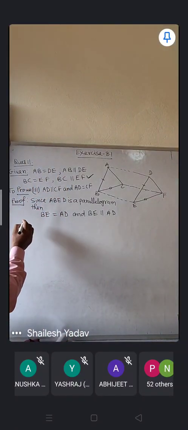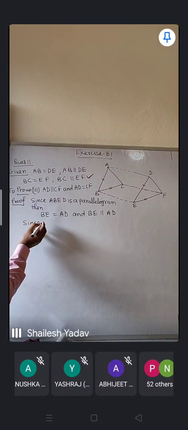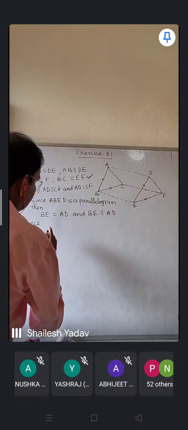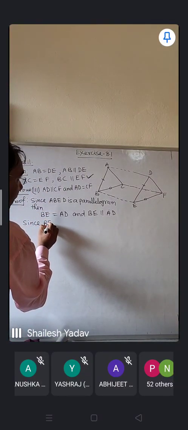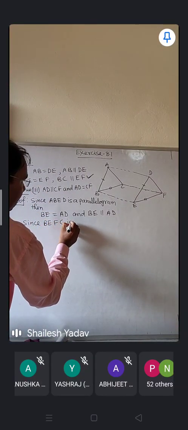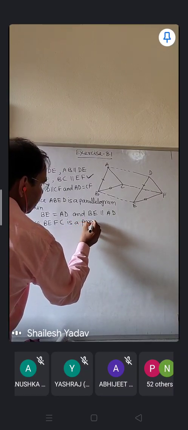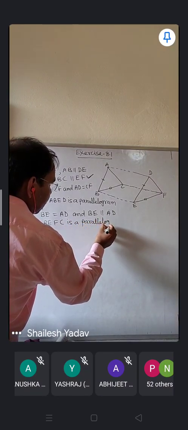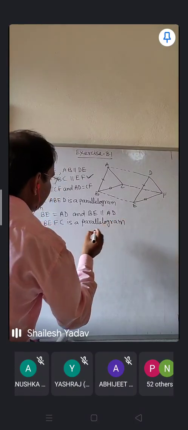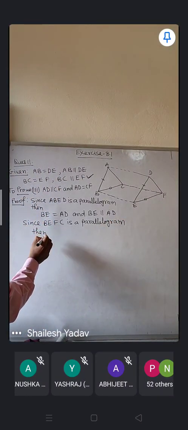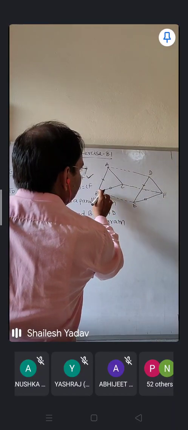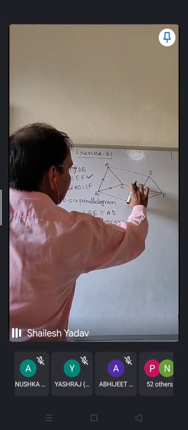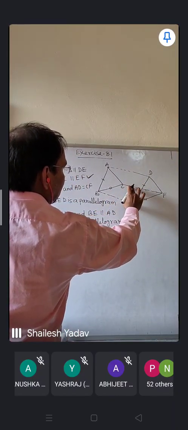Again, in the second part, you had given the proof that BEFC is a parallelogram. So since BEFC is a parallelogram, here BE and CF are the opposite sides.